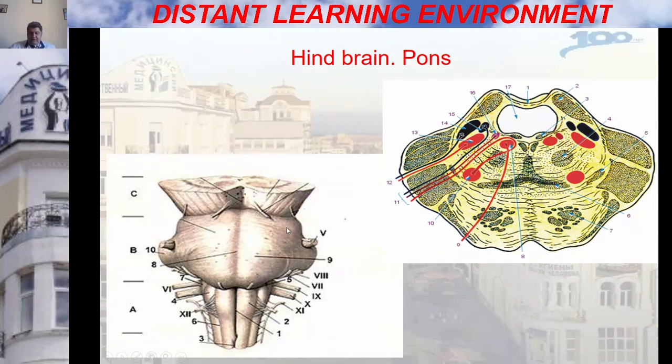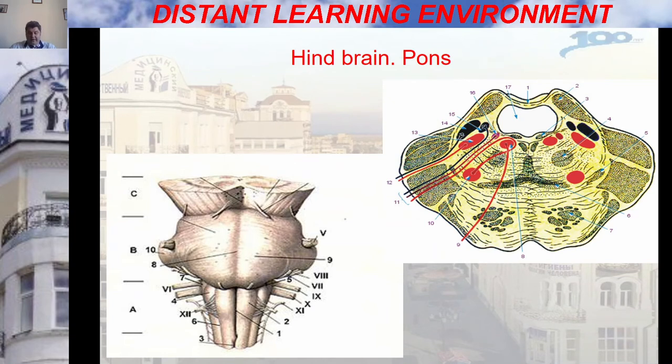The ventral surface of the pons is of a fibrous character, with the fibers passing transversely, you may see here, for the most part in the direction of the middle cerebellar peduncles. A shallow basilar sulcus, you may see it here, sulcus basilaris, lodging the basilar artery, stretches on the midline of the ventral surface.